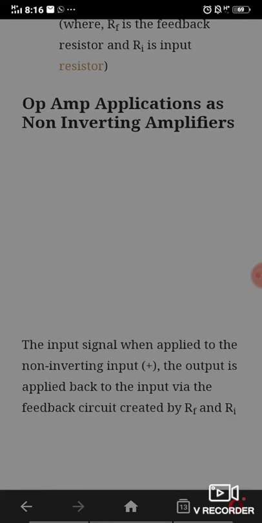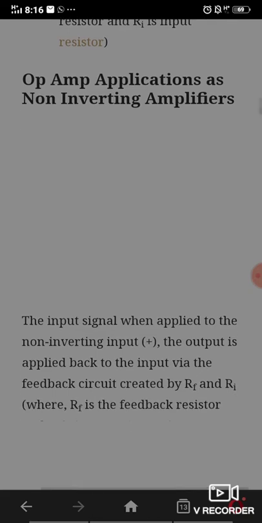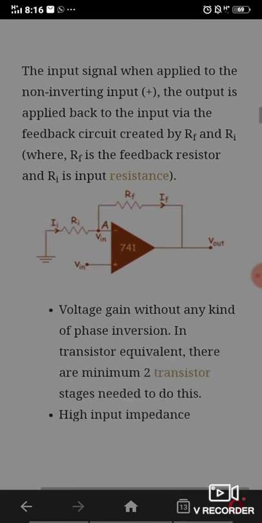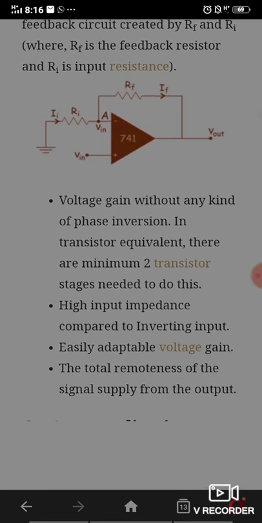The input signal when applied to the non-inverting input is applied back to the input via the feedback circuit created by Rf and R1, where Rf is the feedback resistor and R1 is the input resistance. It gives voltage gain without any kind of phase inversion.